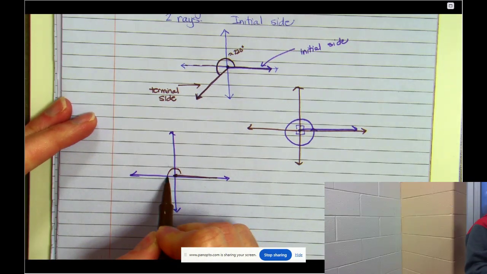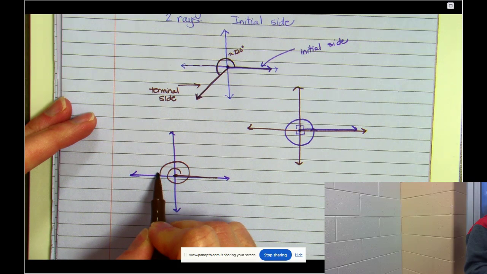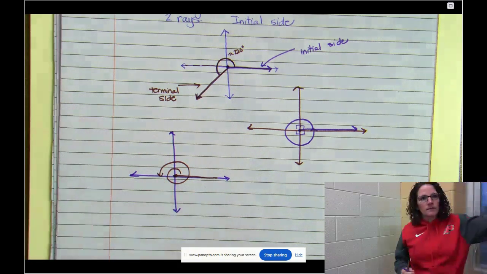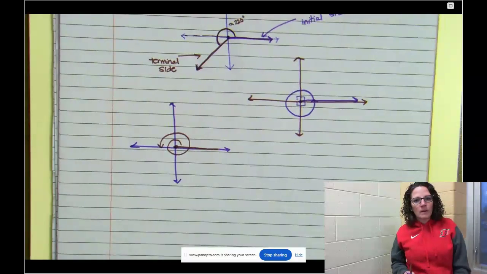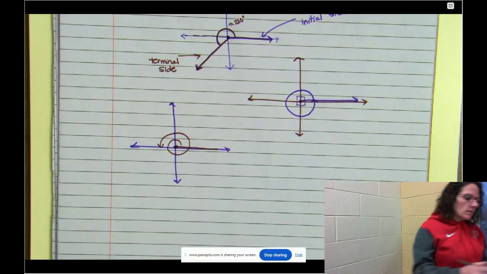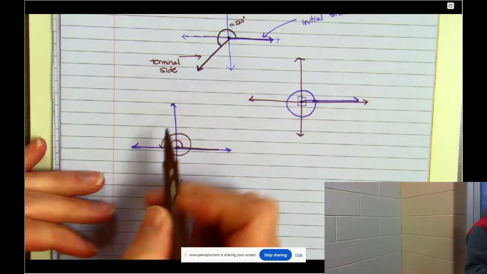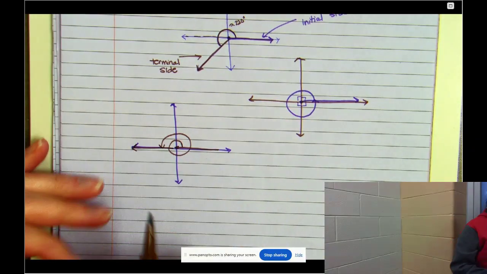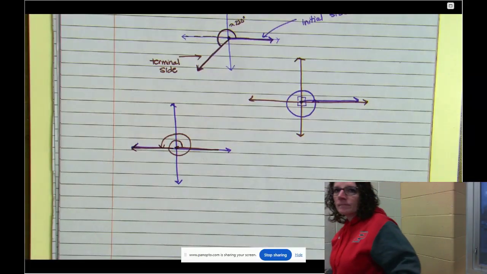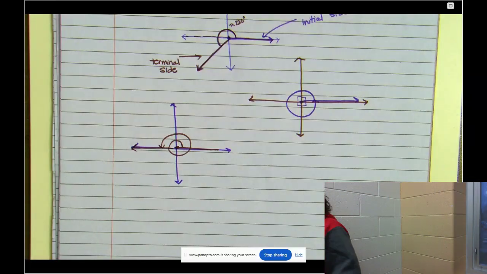It is exactly like skateboard tricks. So how many degrees would that angle be? 540.